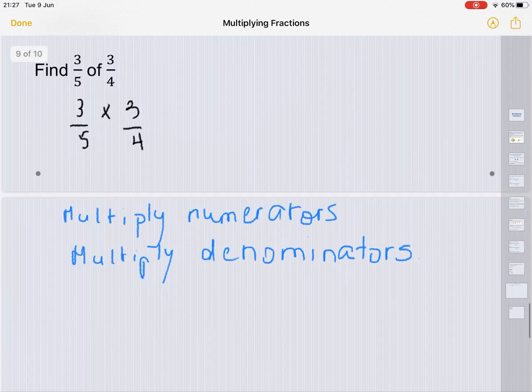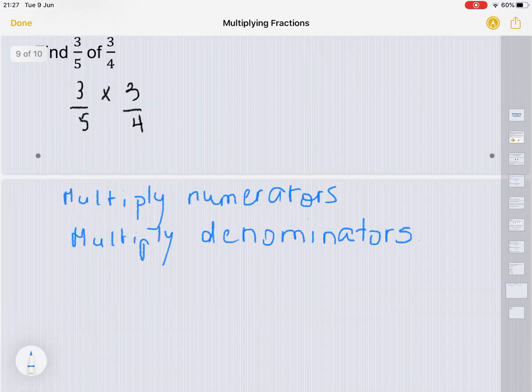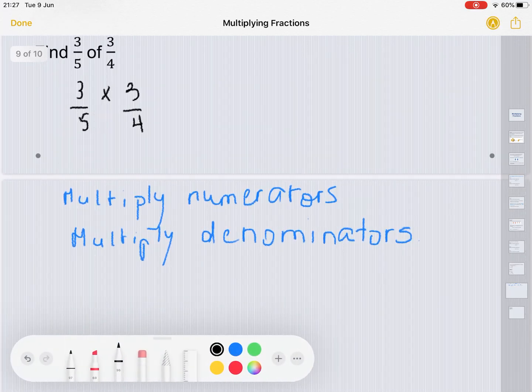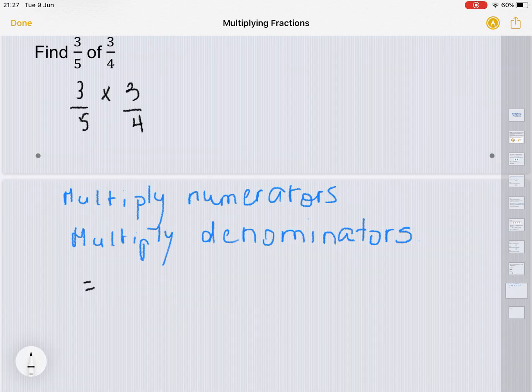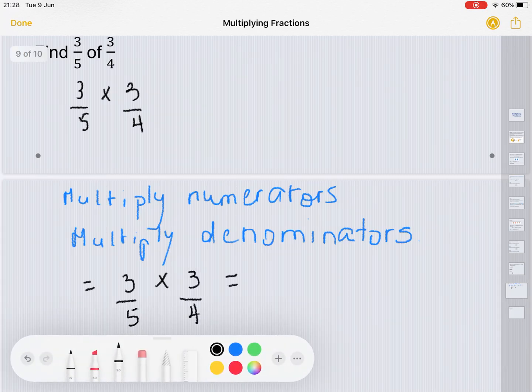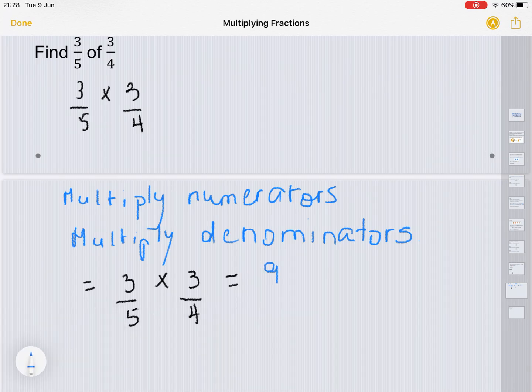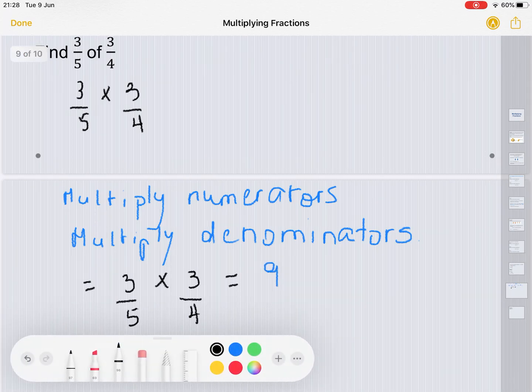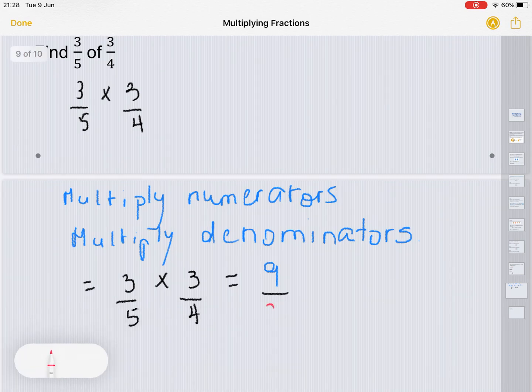So 3/5 times 3/4. I'm going to multiply the numerators: 3 times 3 is 9. I'm going to multiply the denominators: 5 times 4 is 20.